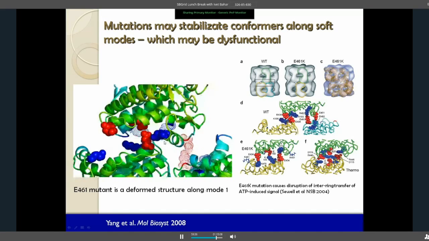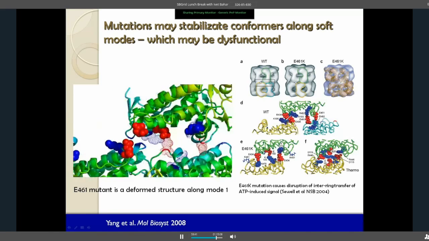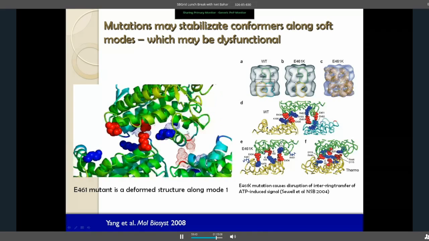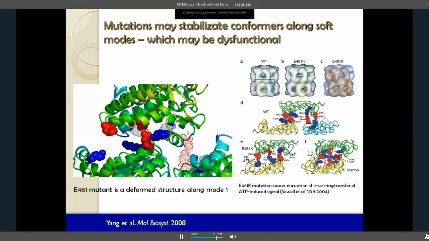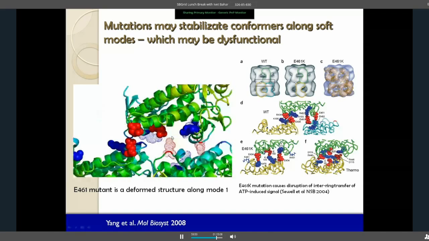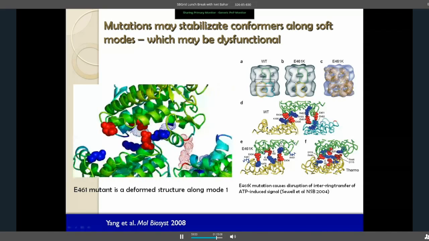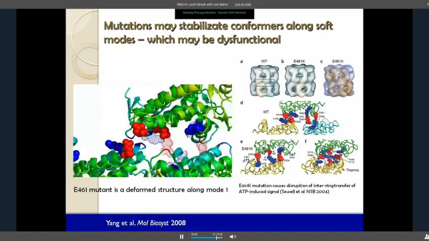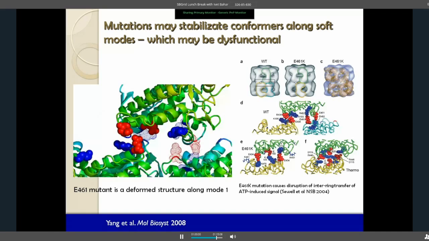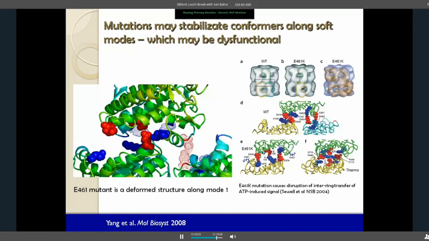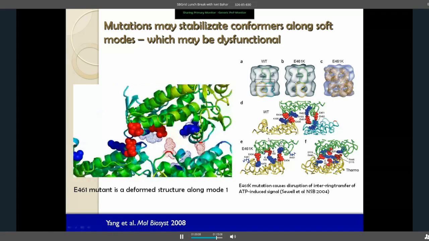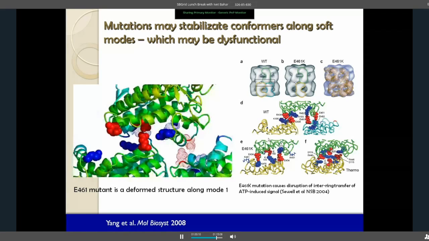And in the presence of a mutation which would stabilize the native state, the molecule can easily transition to this alternative state, and that's what has been observed experimentally. So the bottom line is that alternative conformers observed in mutants are also usually along those motions that are intrinsically accessible. That is one way of predicting how a mutation might affect the structure.